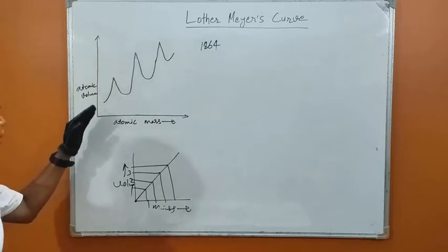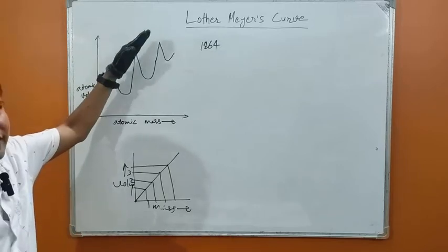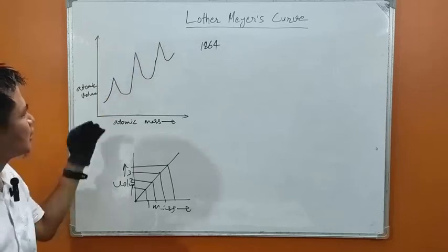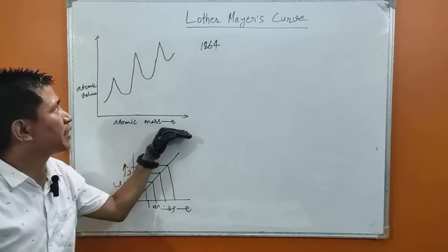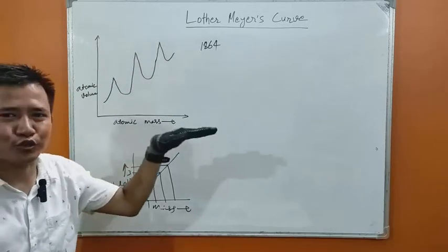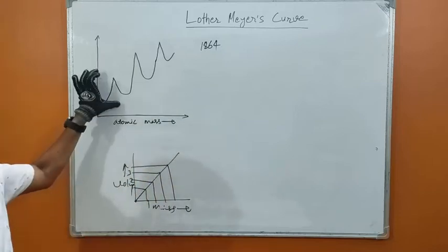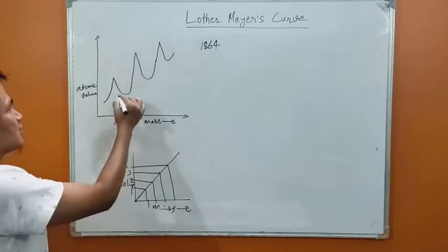This means atomic volume is increasing with the increasing atomic mass, but with fluctuations, isn't it? Overall atomic volume is increased.